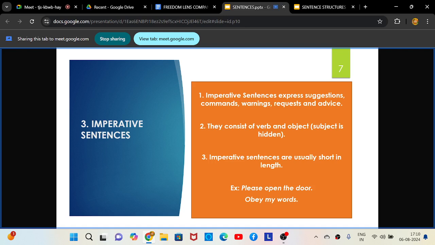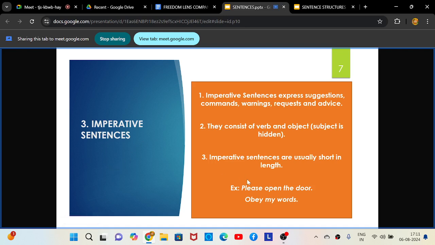These sentences are usually short in length. The similarity between assertive and imperative is they both end in a full stop. But the difference is assertives are statements, but imperatives are requests, suggestions, warnings, commands, etc.